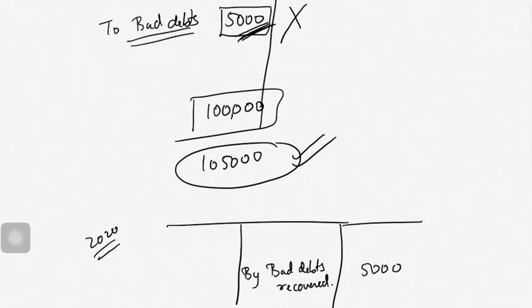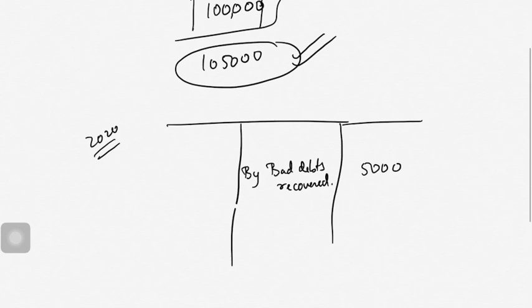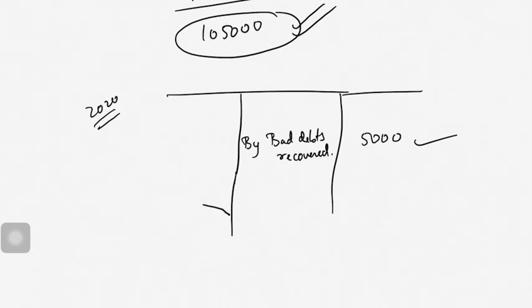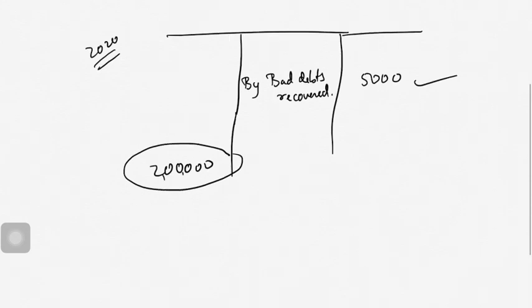Now, in your earlier P&L account, you had shown this as your expense, as a loss. So in your next P&L account, or whenever the money is recovered, in that P&L account you will show that you have received 5,000. Because of that, now suppose your profit is 2 lakhs. Net profit during this year is 2 lakh. Will you pay tax on 2 lakh because your net profit is 2 lakh?